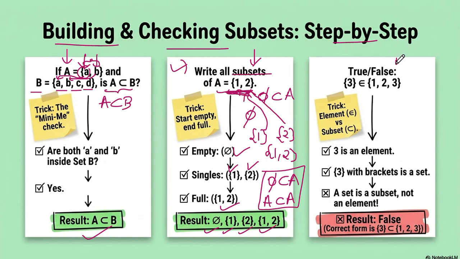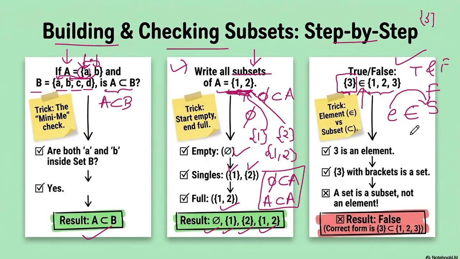Similarly, look at this true or false statement. The singleton set {3} belongs to {1, 2, 3}. Is this true or false? This is a false statement. Why is it false? Because in the middle the belongs-to sign is there. If you remember, I told you that the belongs-to sign will only come between an element and a set. Element belongs to set. But here it is written that it is not an element, it is written inside the bracket, {3}.